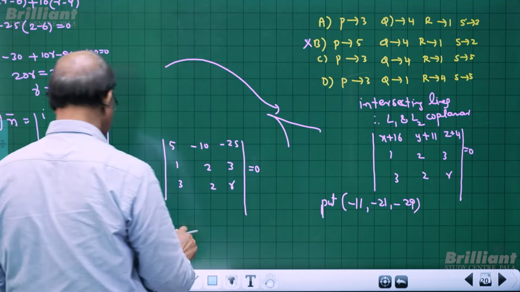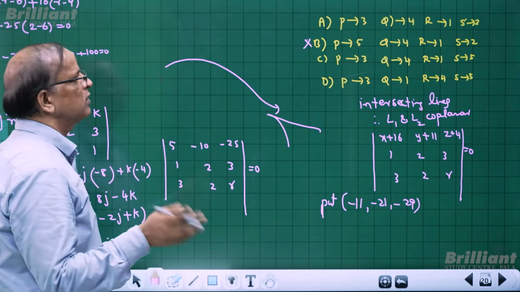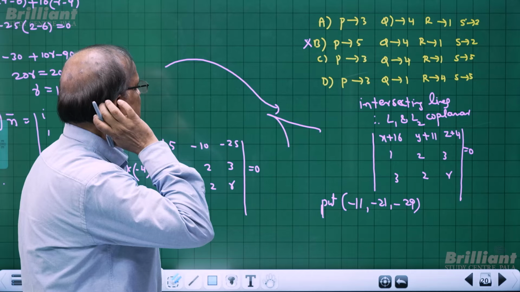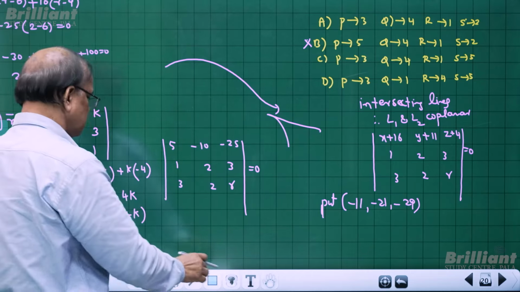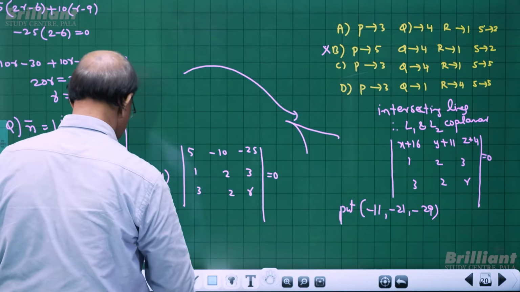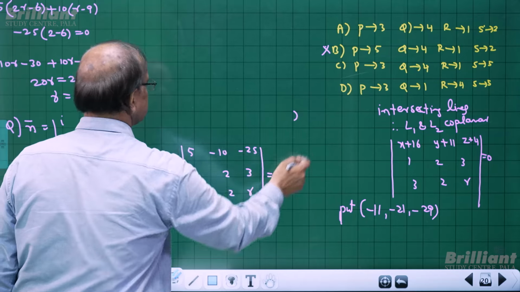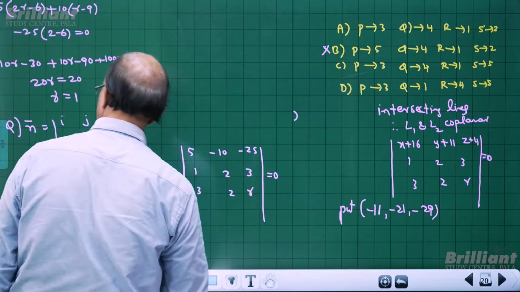So, Q4 is there, R also 1 is there, S is there. Now, what is the next question?